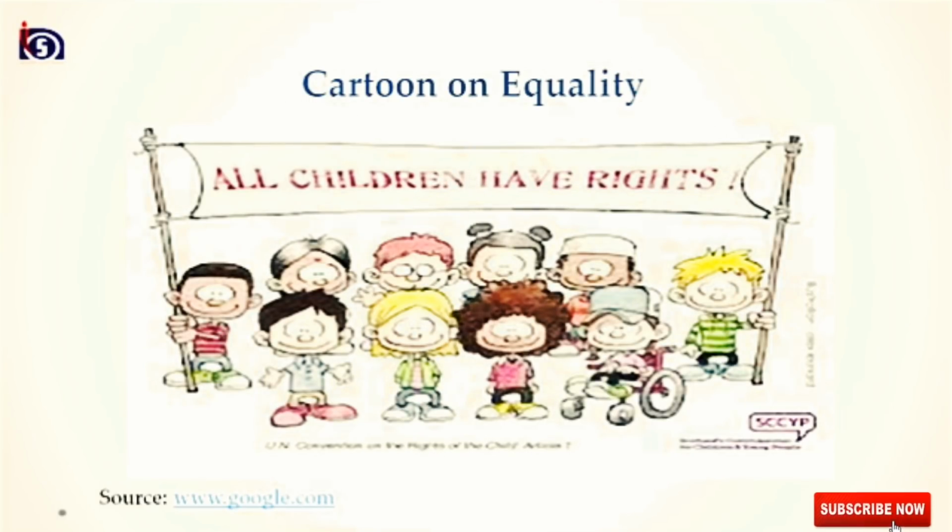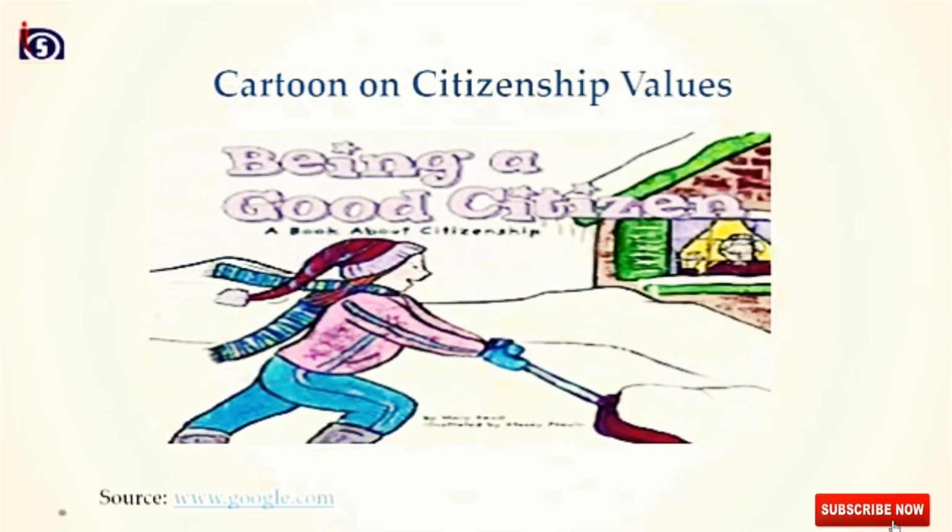Now, coming to the cartoon on social identity, and then there is a cartoon on equality in which all the children are cheering, and it has been written all children have equal rights. So, we can use this cartoon while teaching equality as a fundamental right in our class. Then we have a cartoon on citizenship value, in which a person is exemplifying his or her responsibility as a good citizen.